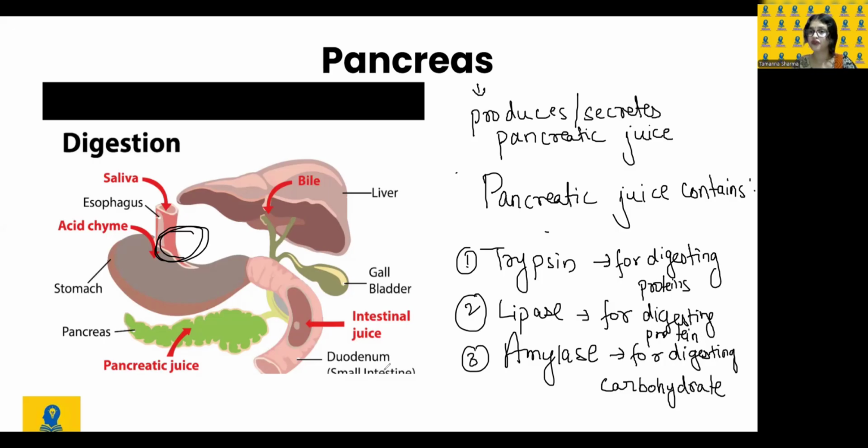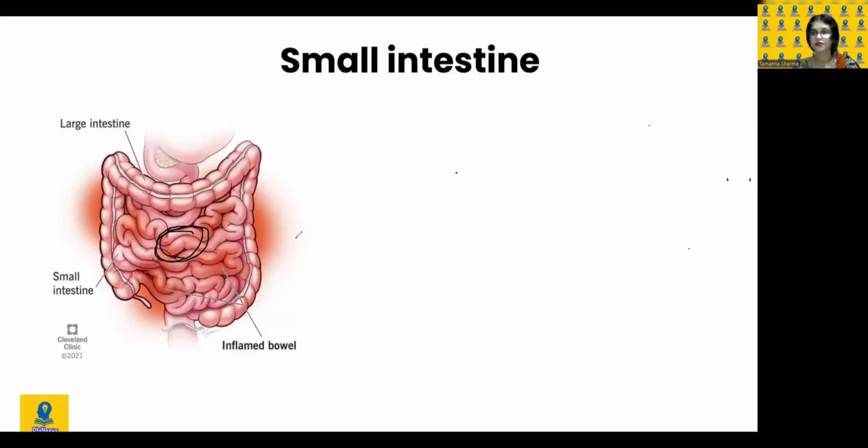Now we'll move to the next part, the small intestine, because all these enzymes from the liver and the pancreas come to the small intestine. Small intestine is the place where the complete digestion of food takes place.